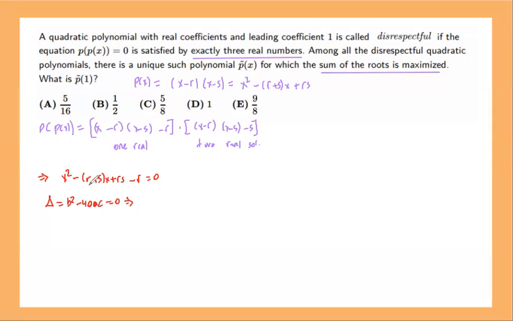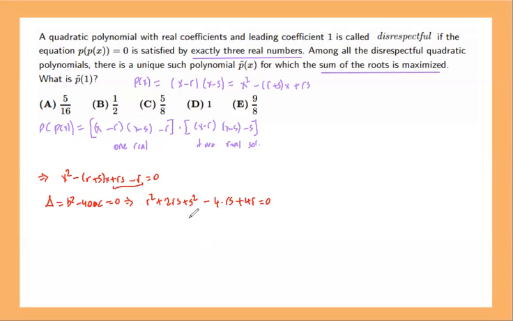Here b is the coefficient of x, which is the negative of this; since we square it, the minus becomes plus. So the square is r squared plus 2rs plus s squared, minus 4 times a, which is 1, times c, which is this whole thing: 4rs minus 4r.